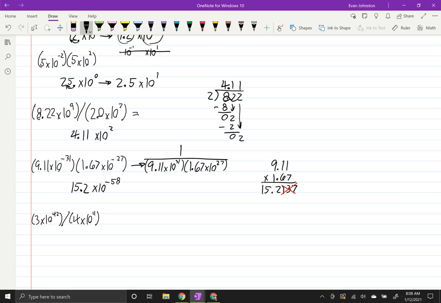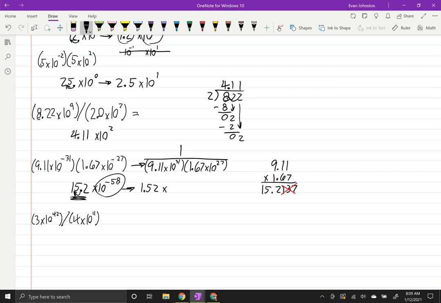But again, this is not in scientific notation, so we have to fiddle with the power of 10. We take our decimal and move it to the left 1 space. We've divided by 10, so 15.2 becomes 1.52, and since we've divided by 10 on this side, we have to multiply by 10 on this side.